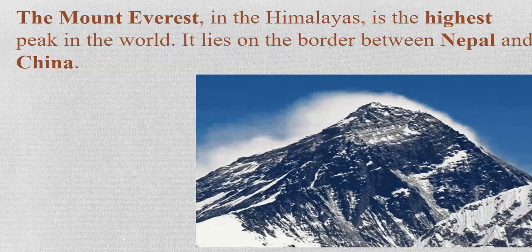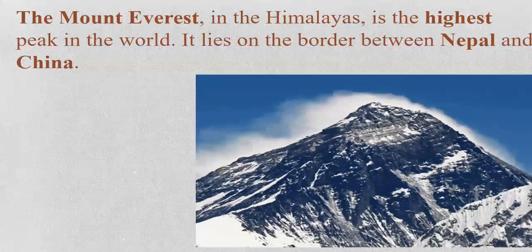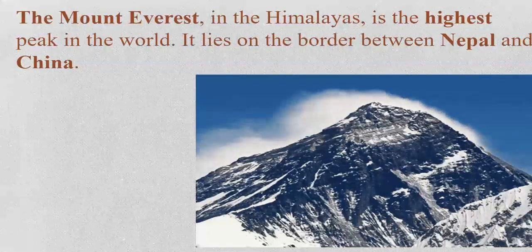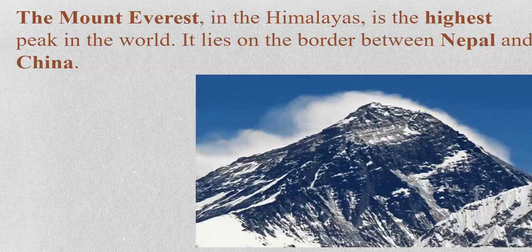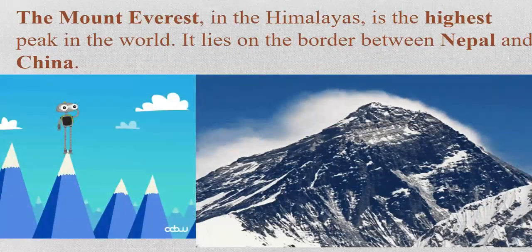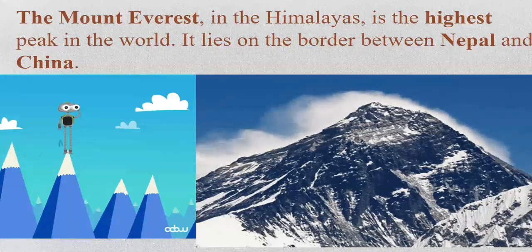Nepal and China. Yes. I hope you all remember that Nepal and China are our neighboring countries. This we have already studied in our first chapter. I love my India. So don't forget. He is trying to locate the Mount Everest.